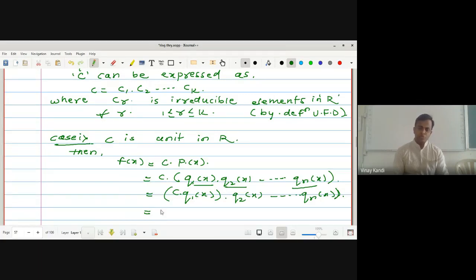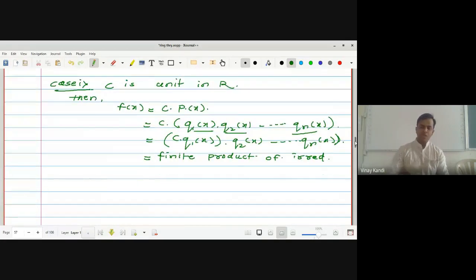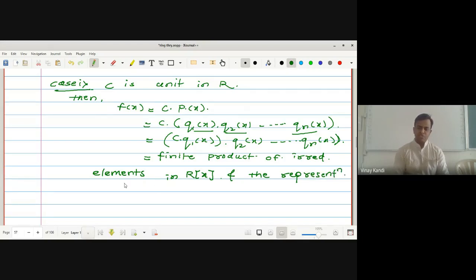So this is a finite product of irreducible elements in R of x, and the representation is unique up to associates.